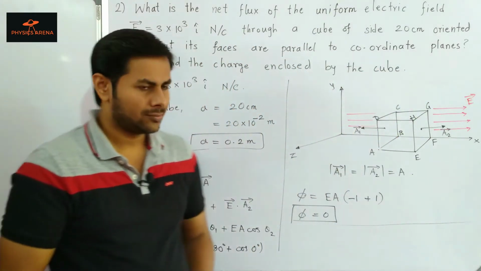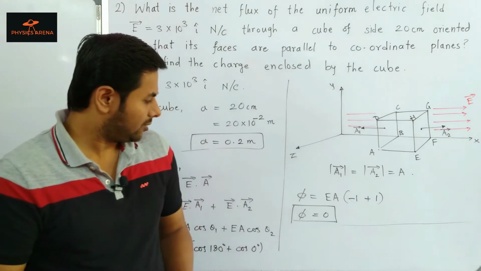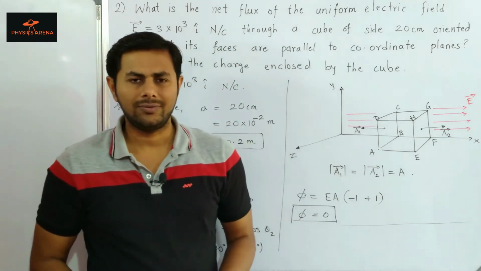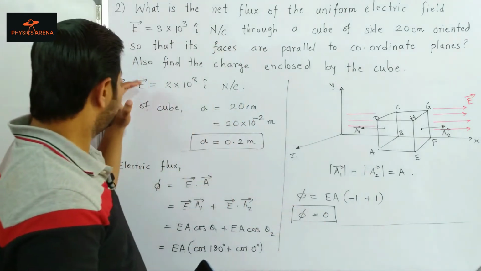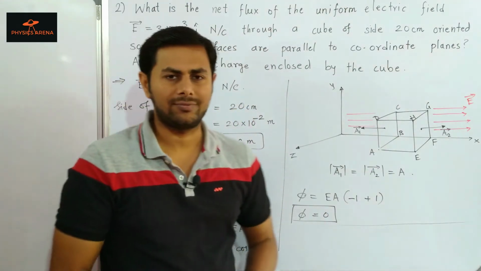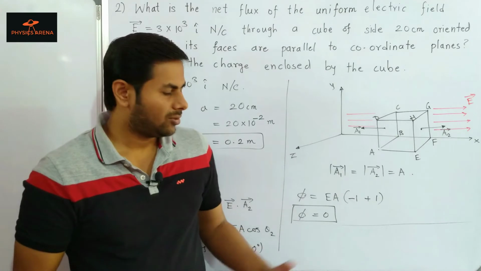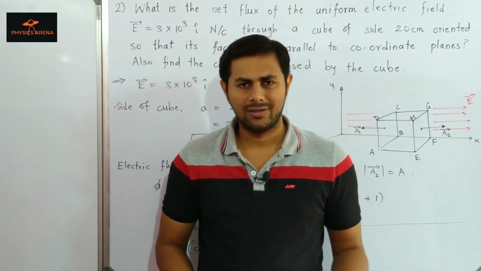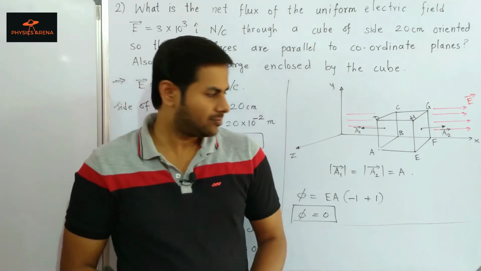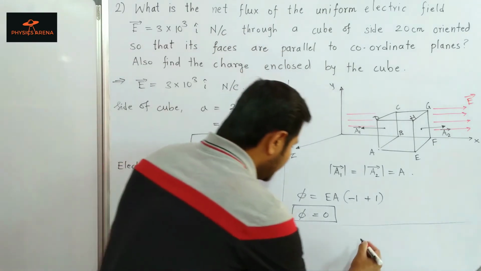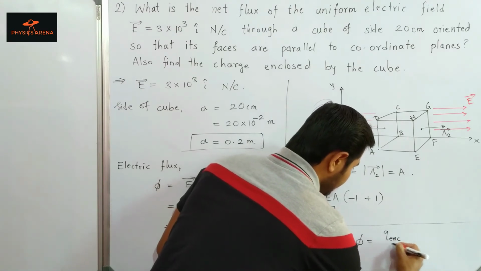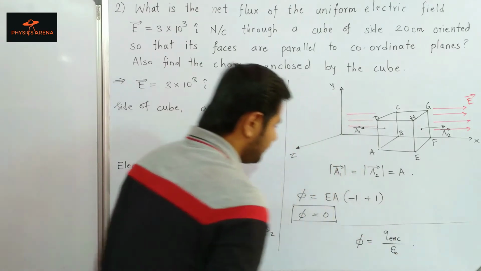Okay, so we have found the flux through this cube. Now we have to find the charge enclosed by the cube. So how do we find the charge given the flux? We know Gauss's law. Gauss's law says phi is equal to charge enclosed divided by epsilon naught.